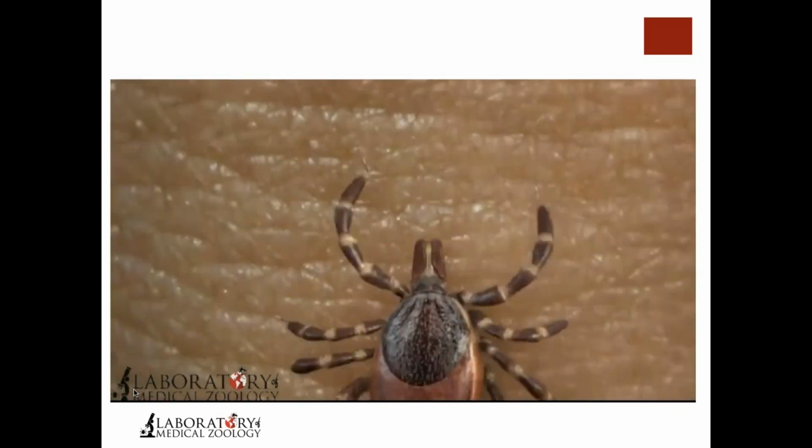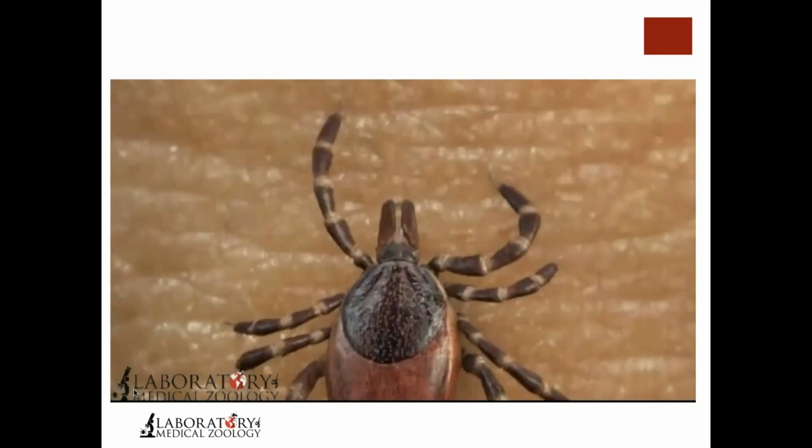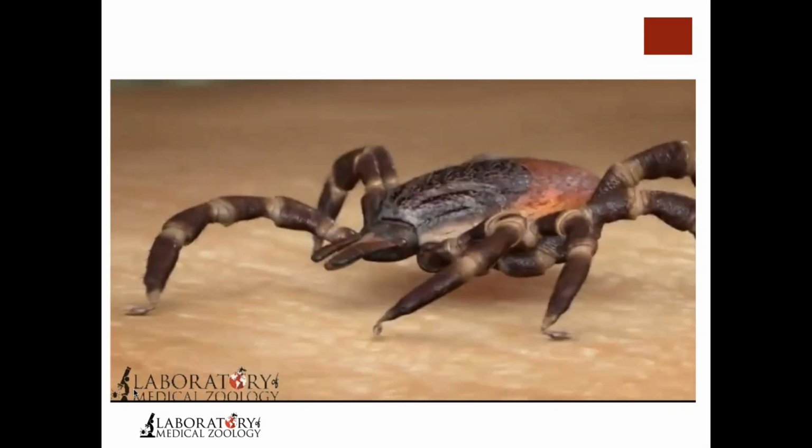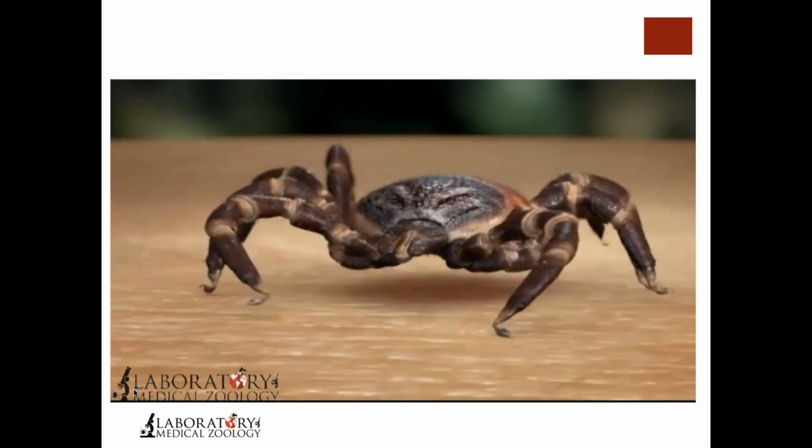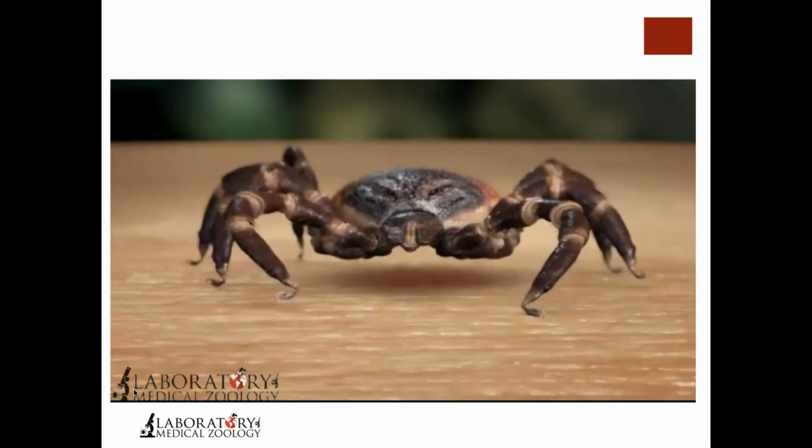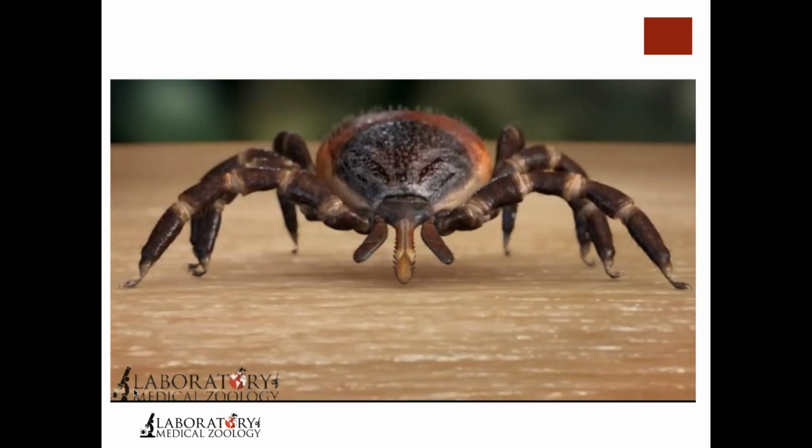But she's crawled out, this tick, which is a female deer tick, and she's waiting for a host to come by. And when she finds the host, she latches on with her legs, and then she crawls up to a spot where the skin may be thinner, or she may be protected. It might be a slightly warmer area of the body.